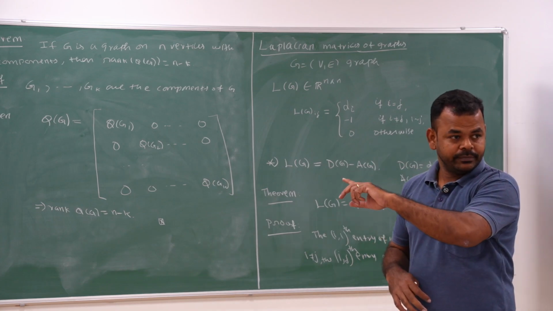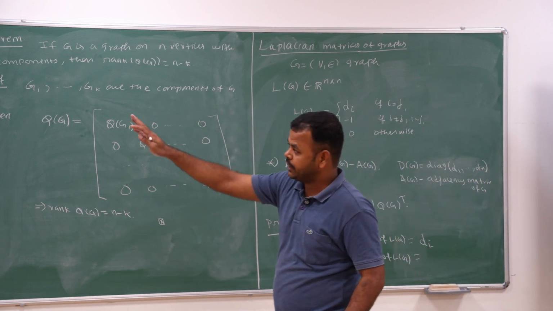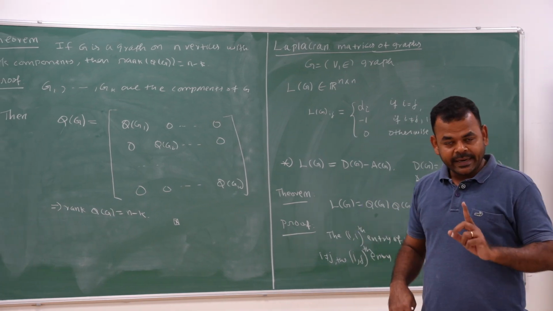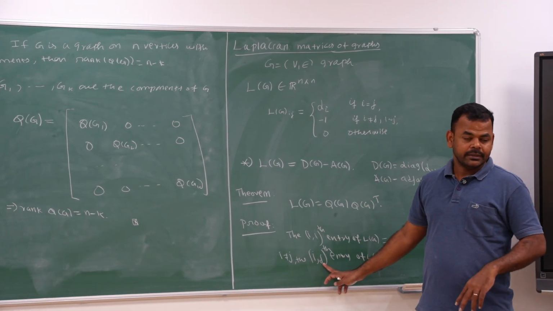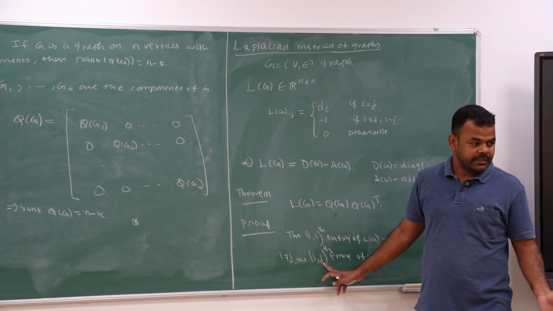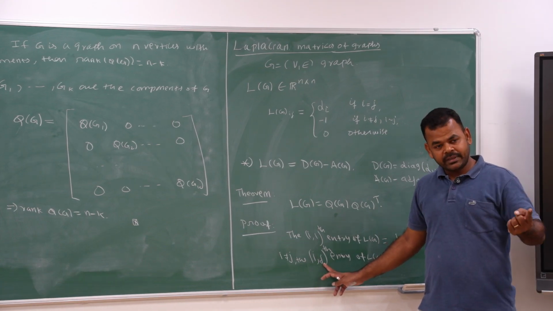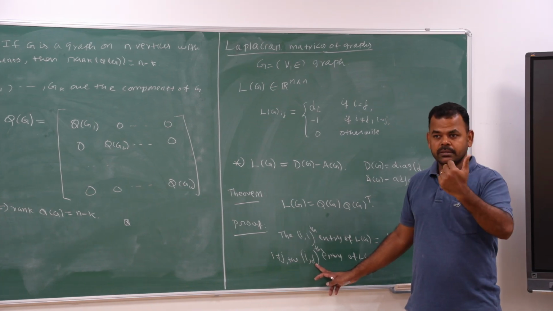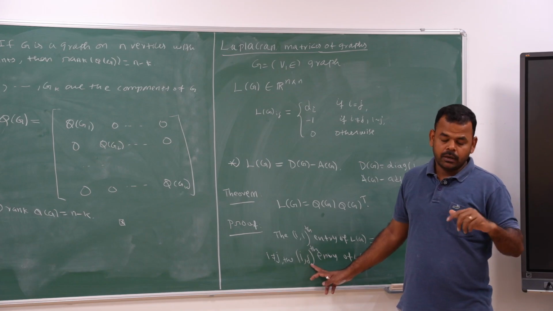Whenever I'm talking about Q of G, I'm fixing an orientation. In that orientation, the edge that is incident, that starts at the vertex i or ends at the vertex i. If it starts at the vertex i, then I'm going to get 1 in the common non-zero place. If it ends at that vertex, then I'm going to get minus 1.